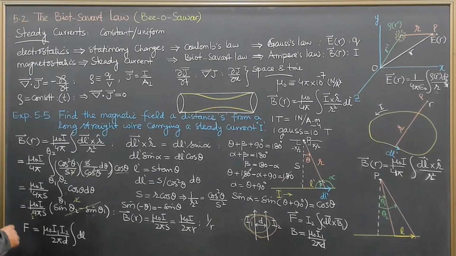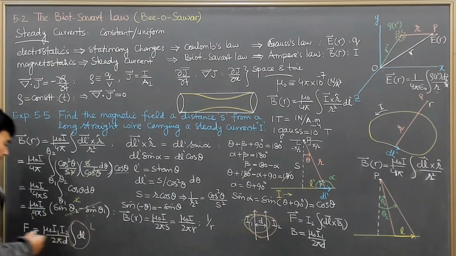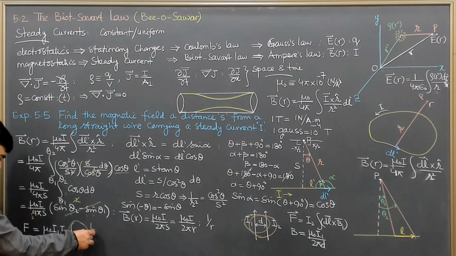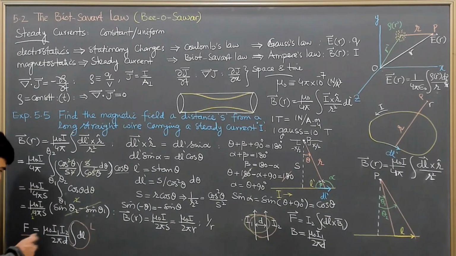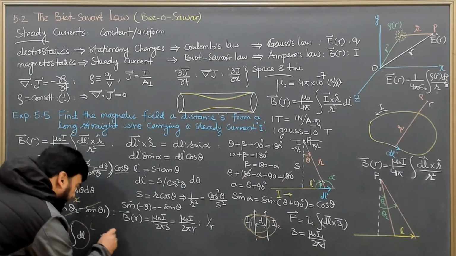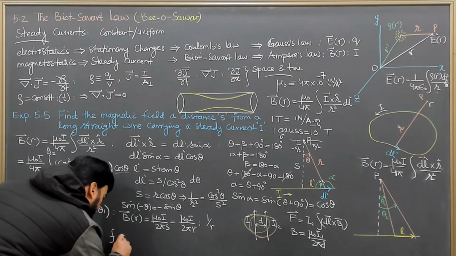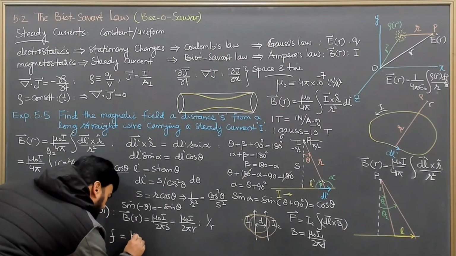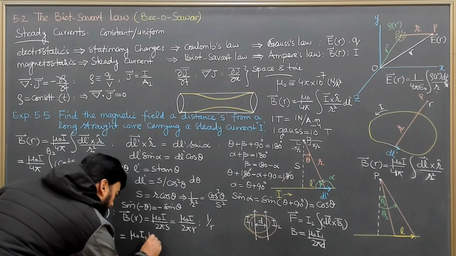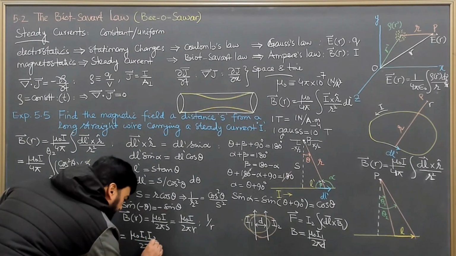The dl as a whole will give the length, and if I move this length to the other side, then it is the force per unit length, which I can write as a small f, equal to mu naught I1 I2 over 2 pi d.